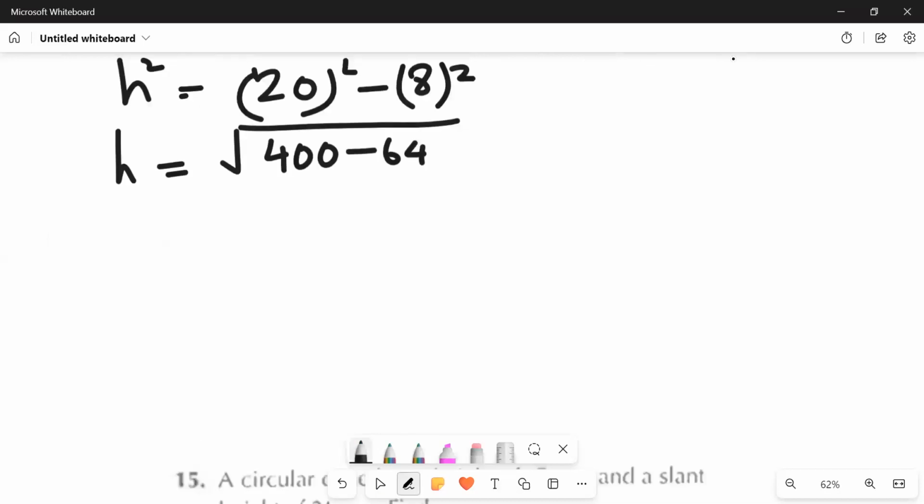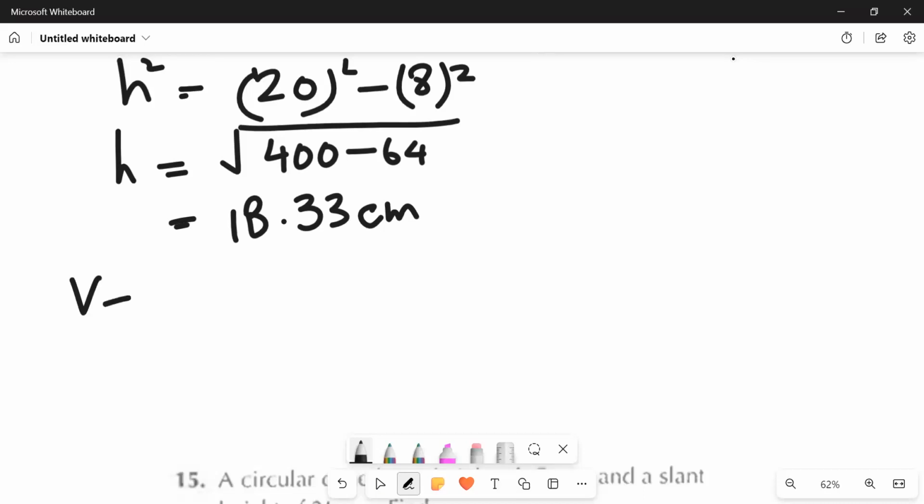After taking the square root, the answer is 18.33. Okay, this is the height. Height is in centimeters because all measurements are given in centimeters.